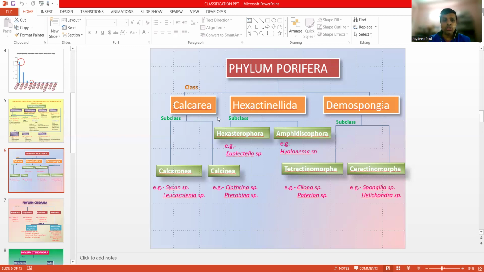Okay, so this is in a nutshell about the phylum Porifera. Now, I want to add that there are lots of books like Rupert Barnes or Kotpal, Invertebrate Biology by Kotpal. So there are lots of good books which you can follow.